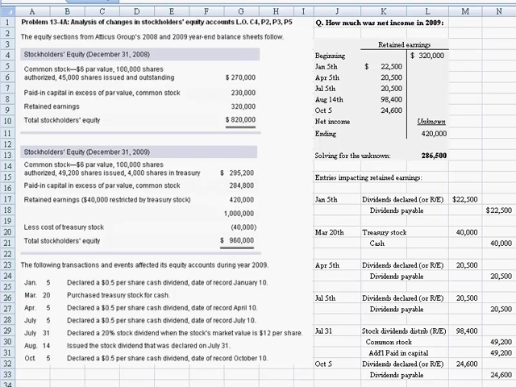Okay, now the next transaction we need to consider is the July 31st one, where we declare a 20% stock dividend when the stock market's value is $12 per share. All right, so how do we calculate that? Take the 41,000 shares outstanding times 20% to come up with the number of shares that are being issued, right? Then multiply that times $6, and that gives us the common stock value.